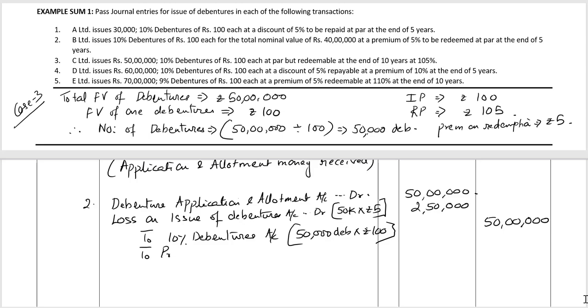So to premium on redemption of debentures account. The amount of premium on redemption, which is 50,000 multiplied by rupees 5 per debenture, premium payable 2,50,000 rupees.